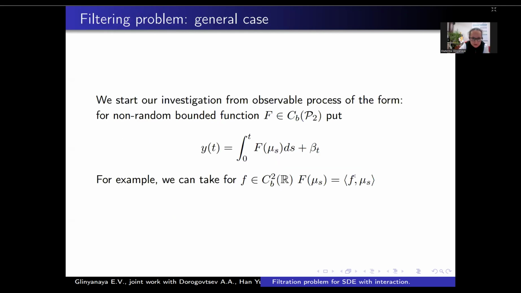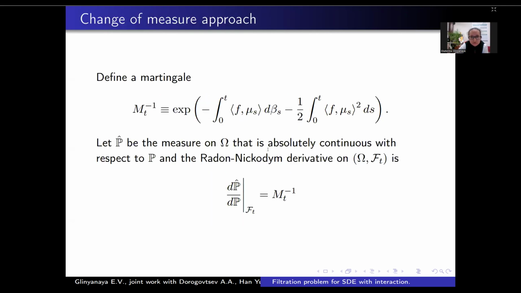Let me give you some explanation. We will change the initial probability measure such that y will become just a Wiener process itself, which will be independent of x, I'm sorry, of mu. So how to do it?